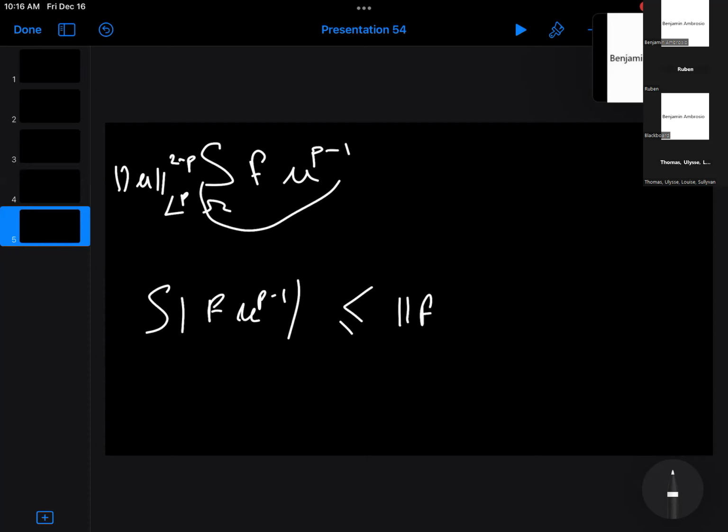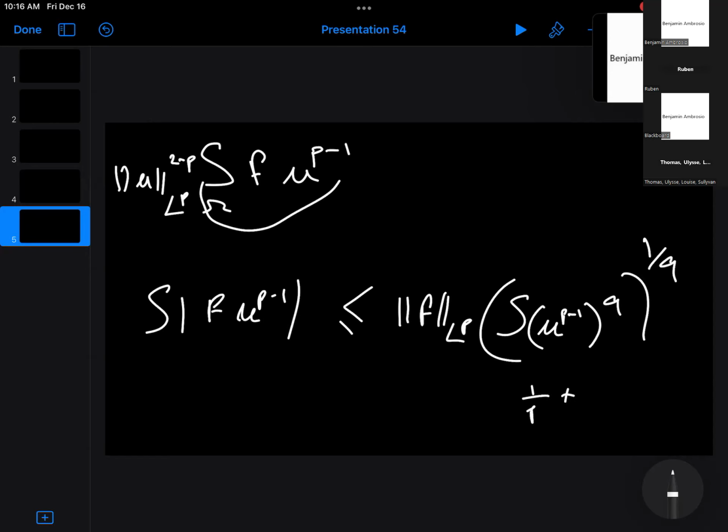The norm of F in LP times the integral of U^((P minus 1)Q) to the power 1 divided by Q, where 1 divided by P plus 1 divided by Q equals 1. All right, so this is good because I want that.